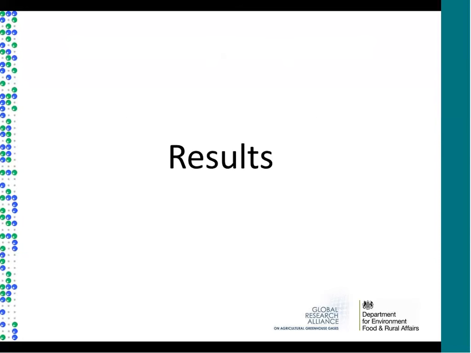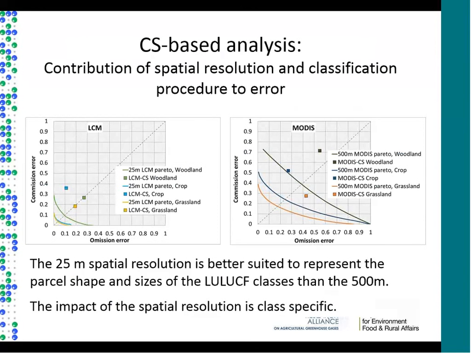Okay, now let's quickly have a look at the results. So the figures here that we see, they show the Pareto lines calculated for the countryside survey sample squares, here the 250 meter pixel size on the left, and on the right, the 500 meter pixel size. So the lines you're seeing here represent the Pareto lines for each of the classes that we looked at.